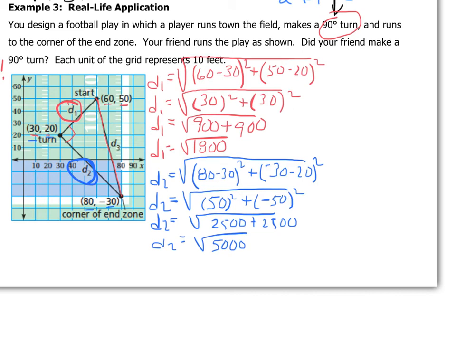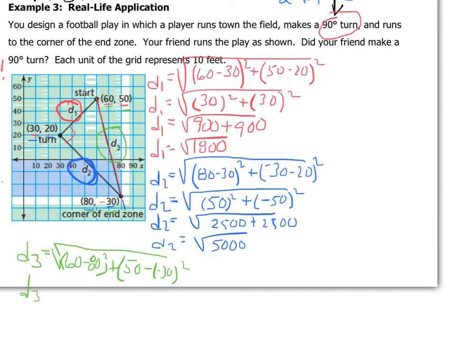So next we're going to find D3. With D3, we're going to come over here and see what we got for our spacing. Big radical sign, need a lot of room. We're subtracting the 60, 50 and the 80, negative 30. So 60 minus 80 are the x values, and 50 minus negative 30 are the y values.